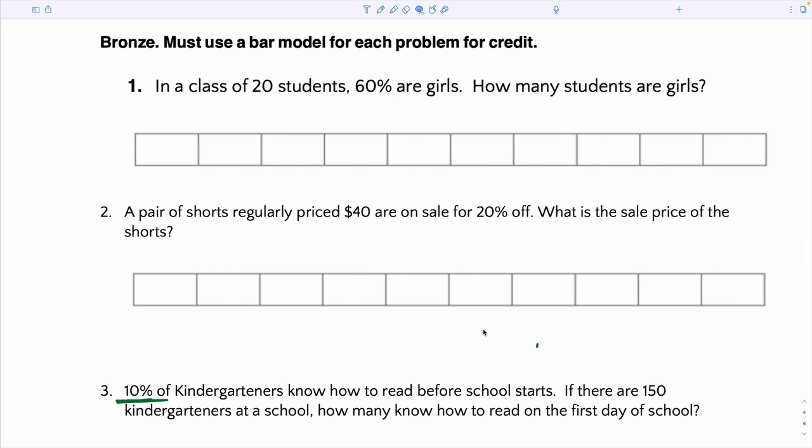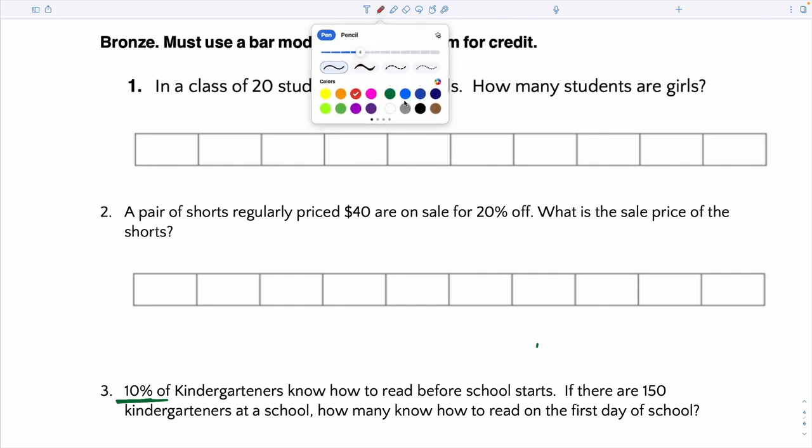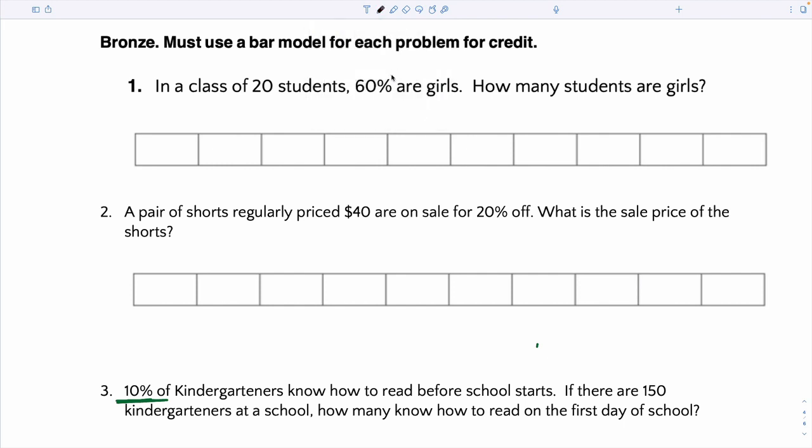Bronze number 1 is tricky. If you get what my blunder is, I want you to raise your hands. It says that in a class of 20 students, 60% are girls. How many students are girls? If you have a percentage problem that does not say discount or percent off or something is on sale, you should not just robotically do what we've been doing today.